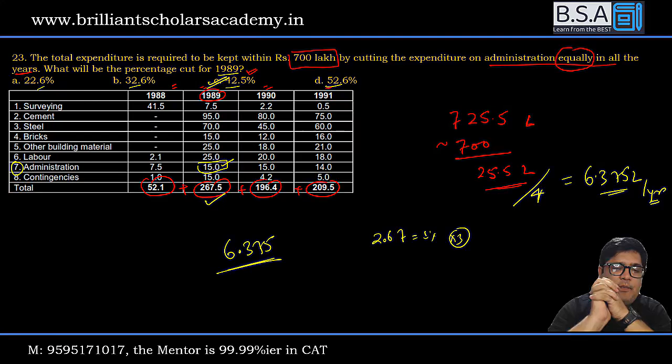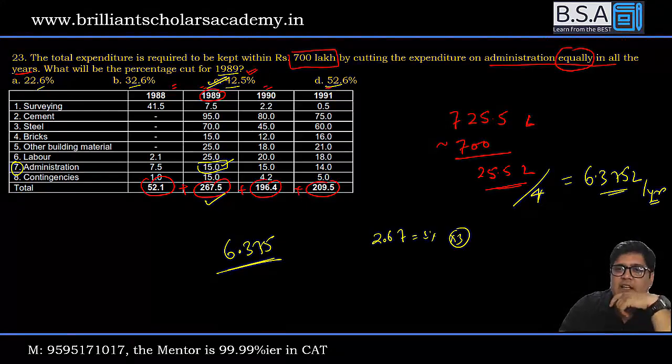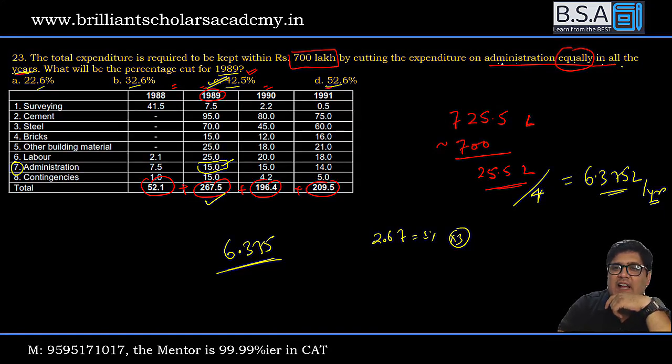Take a time, observe, understand what are we doing, understand how are we achieving this. It clearly says here that the expenditure is cut from administration equally in all the years. All the years you are decreasing that value from administration column equally for all the years.